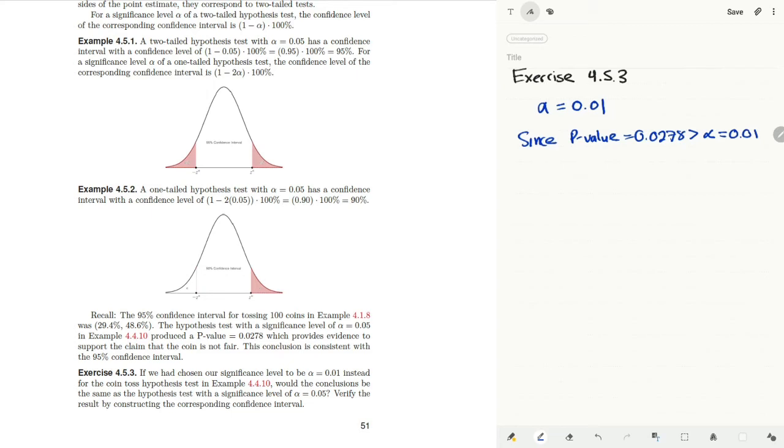And if our p-value is larger than alpha, then we would fail to reject the null hypothesis.